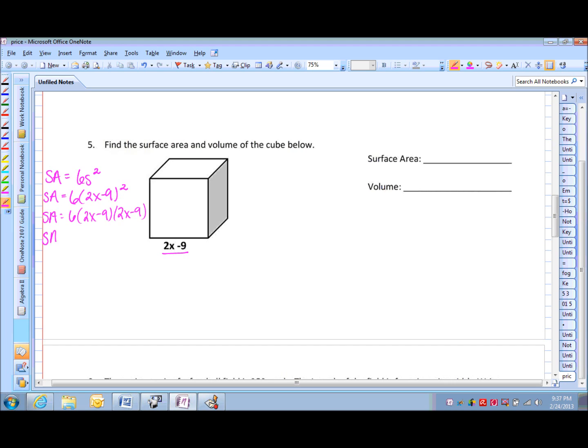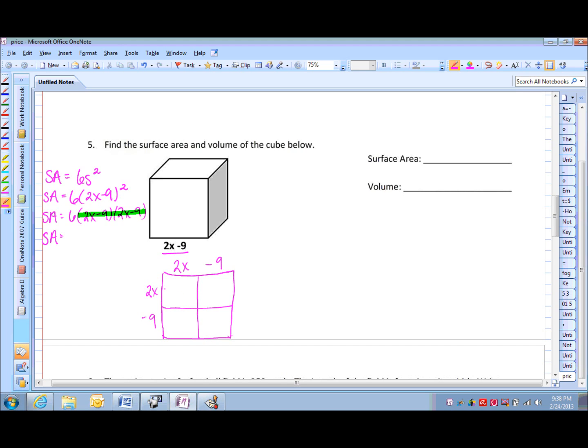So now we're going to go ahead and use the box method on this binomial times a binomial. I'm going to come down here below and draw my little box. We have 2 terms in each, so it's going to be 2 rows and 2 columns: 2x minus 9 and 2x minus 9.